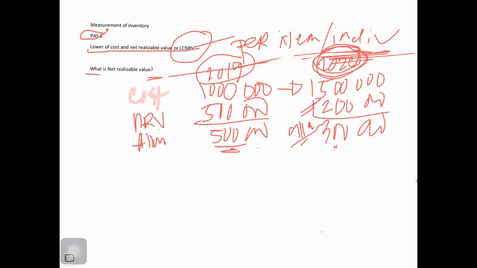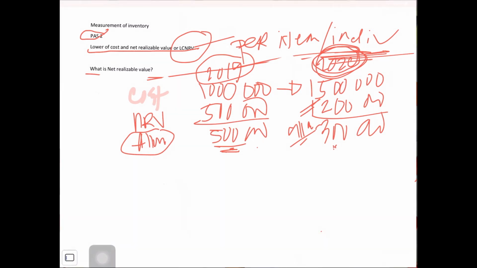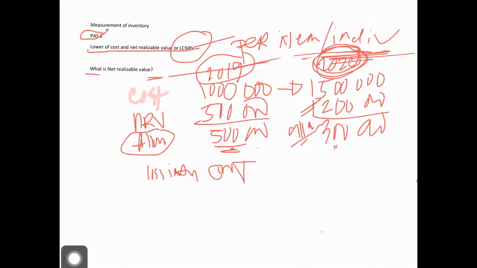Because when you record the first allowance, guys, you debit loss on inventory write-down 500,000, and then we credit allowance 500,000. Since our loss is smaller now, part of that 500,000 is reversed, so we have a gain. So the entry is: the allowance decreased by 500 minus 300, which is 200.